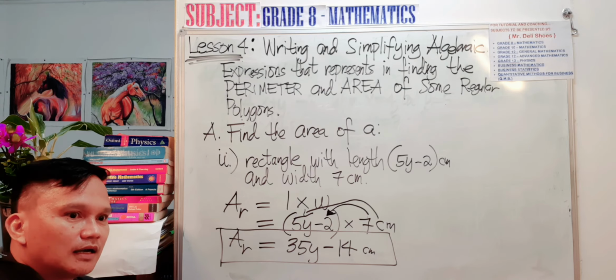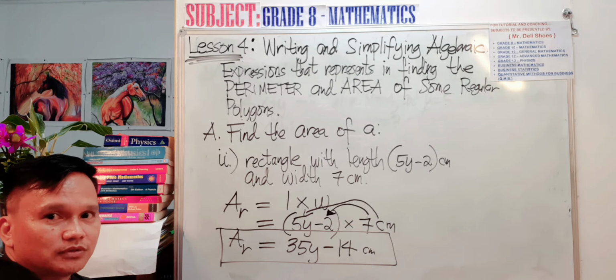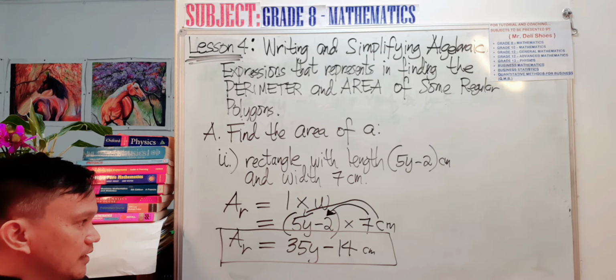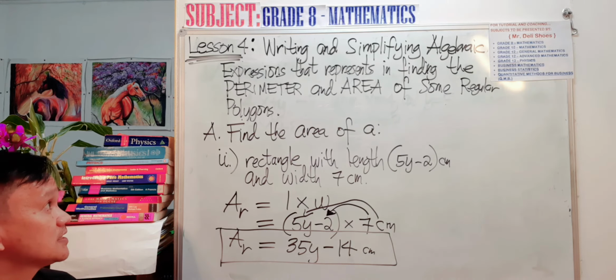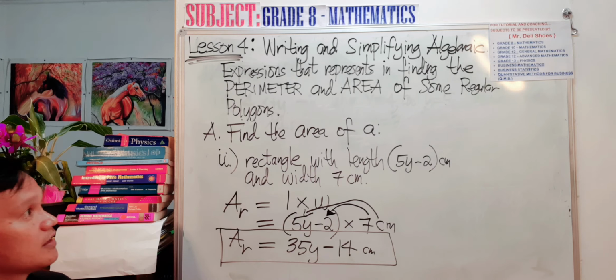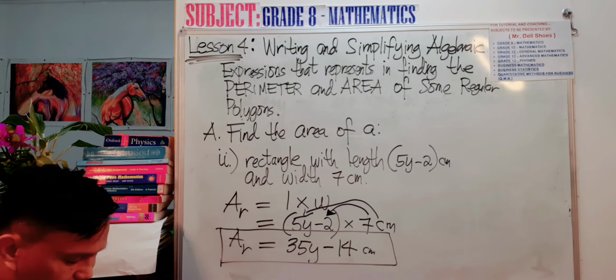If the value of the variable is given, you will substitute and then calculate. Okay, so this is the end of writing and simplifying algebraic expressions that represent the perimeter and area of some regular polygons.